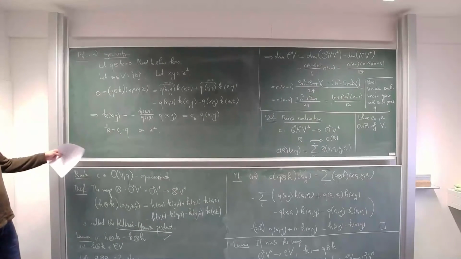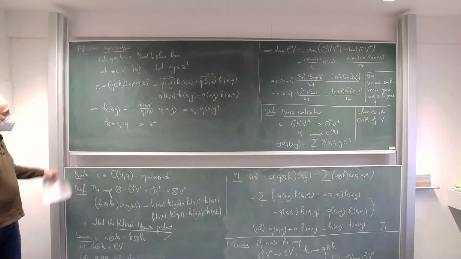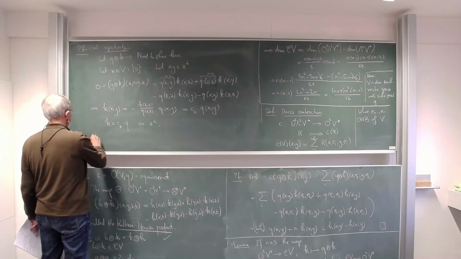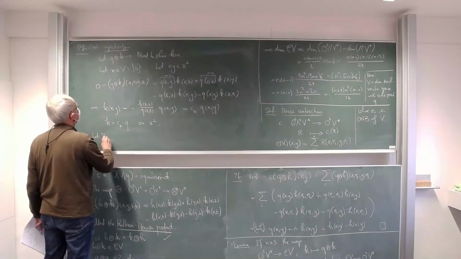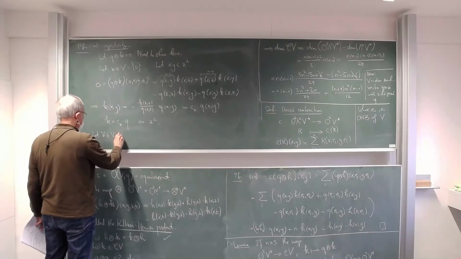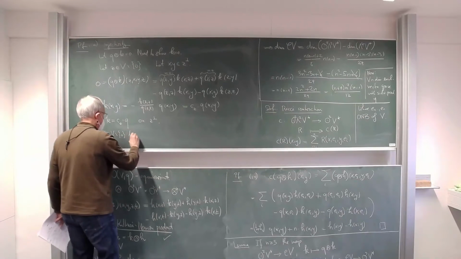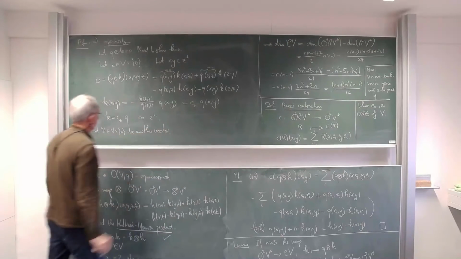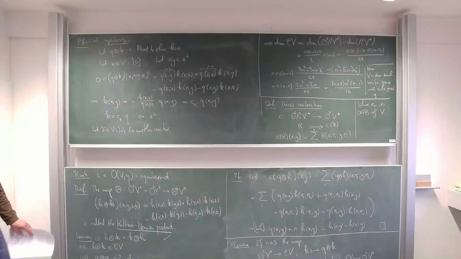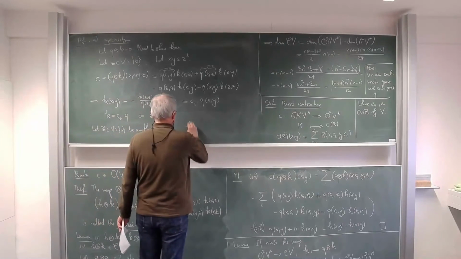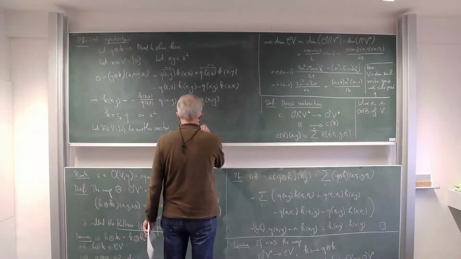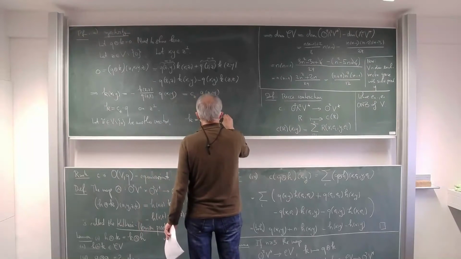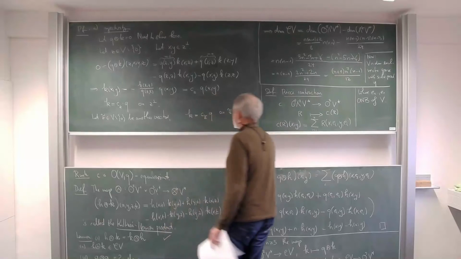So I've concluded. And now if I take another vector, let z tilde in V, non-zero, be another vector, then we can play the same game, of course, and we get that k is also equal to a constant depending on this other vector times q on the orthogonal complement of that vector.